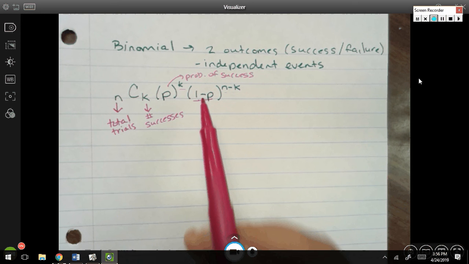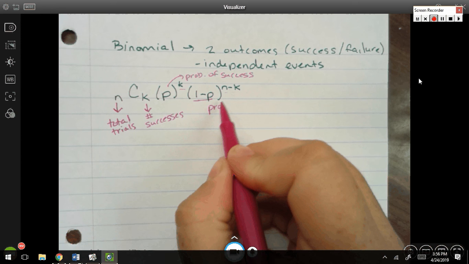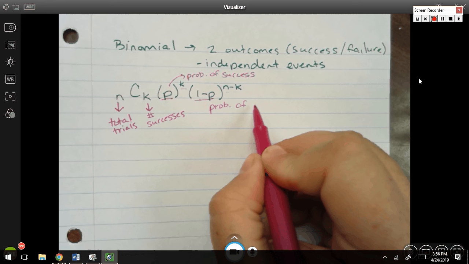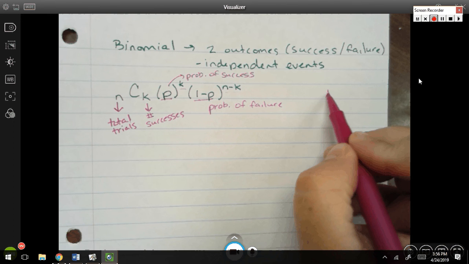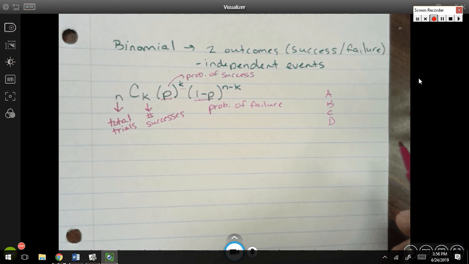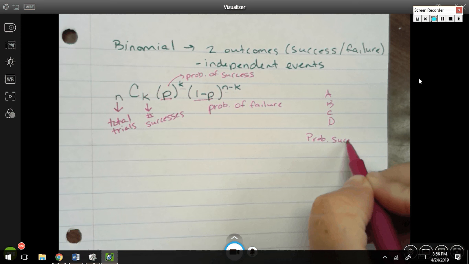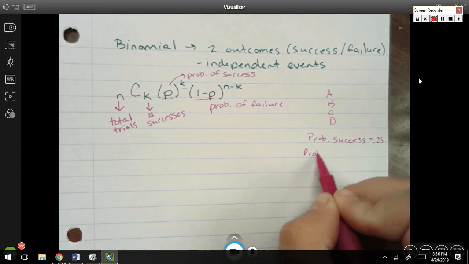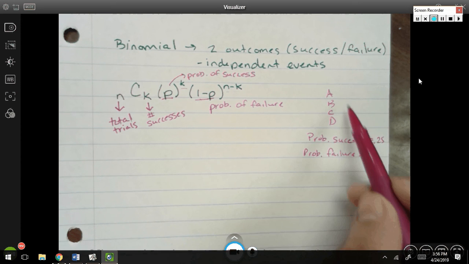1 minus p, that's really what you're finding, your probability of failure. If p is the probability of success, then 1 minus p is your probability of failure. In other words, I've got these answer choices, right? A, B, C, and D. If the probability of picking the right one is 0.25, so my probability of success is 0.25, then my probability of failure, or my probability of not picking the right one, well, then I've got a 75% chance, right?